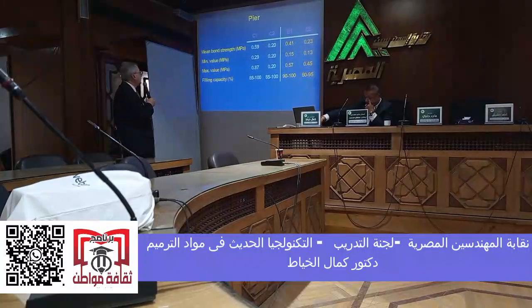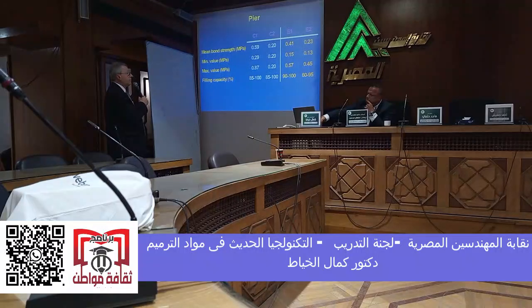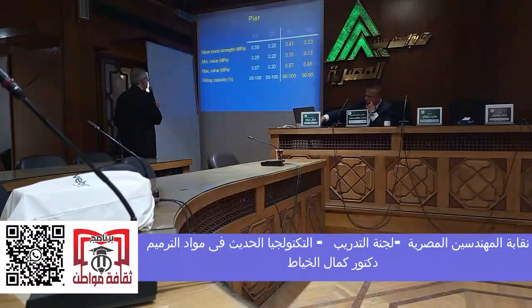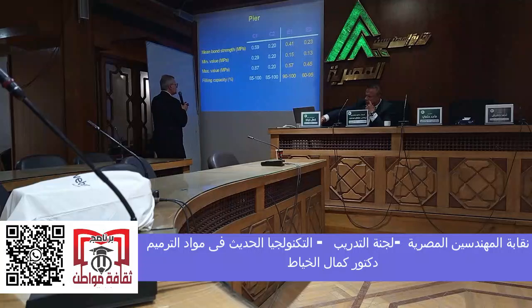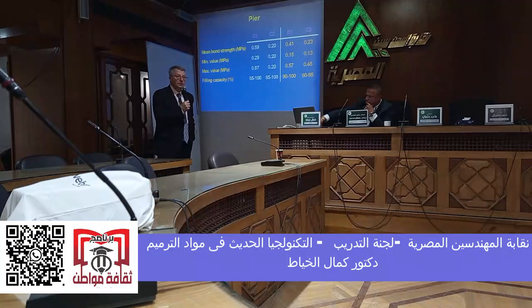And you can see in terms of mean bond strengths, the values vary a lot, but you get similar values more or less between the epoxy and the microfine cement. Minimum values, maximum values, and this is the visual inspection of the filling capacity around the crack, how much of the cracks are filled in the core. Next.